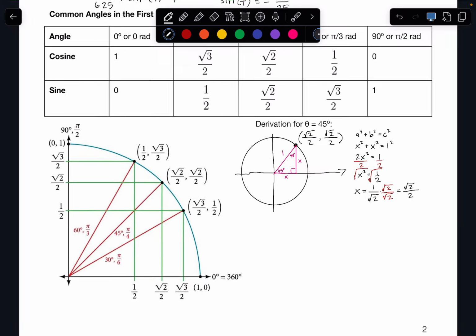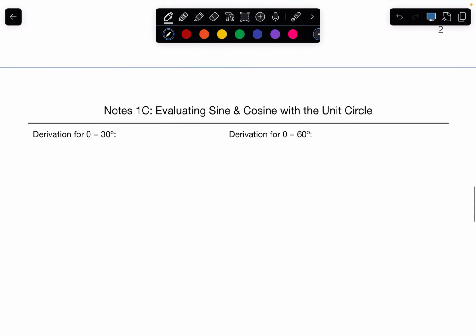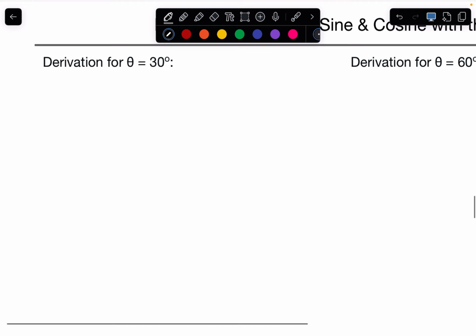Before we do the next one, questions on that first one? Nah. You'll notice a lot of what we're doing is Pythagorean theorem. If you're comfortable with Pythagoras, trig is going to be good for you. Yay. Next one, we're going to do 30 degrees. Similar idea.